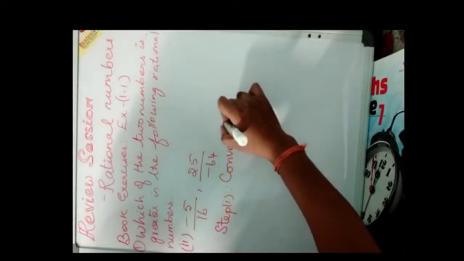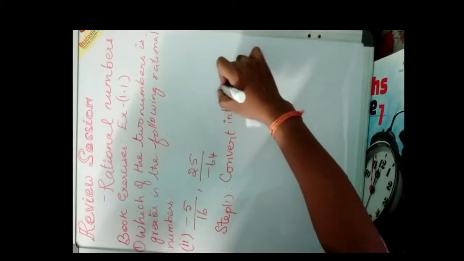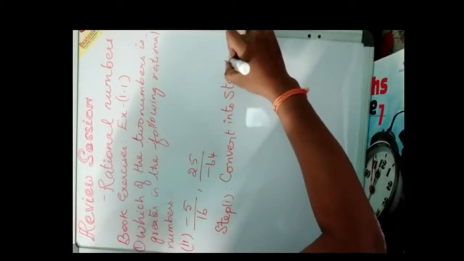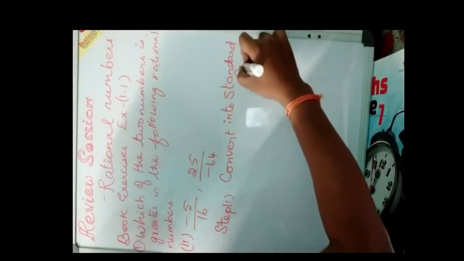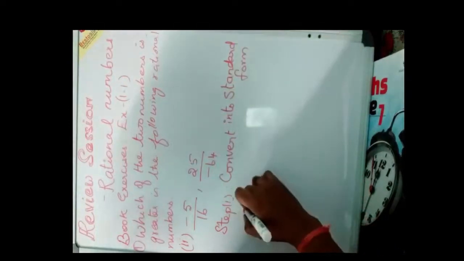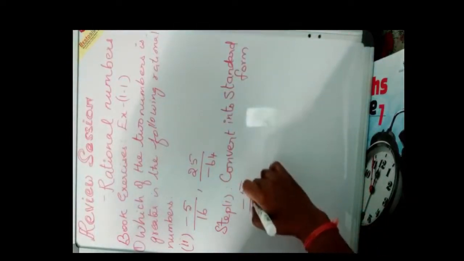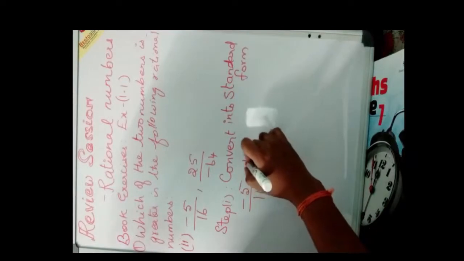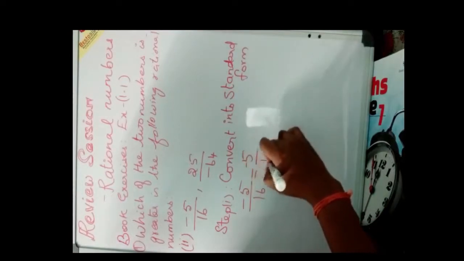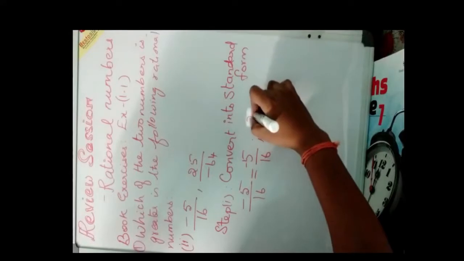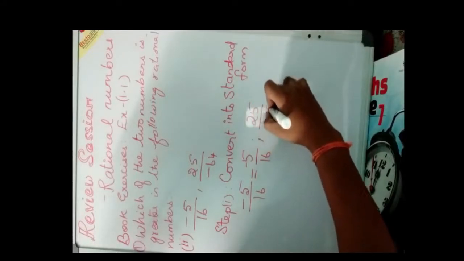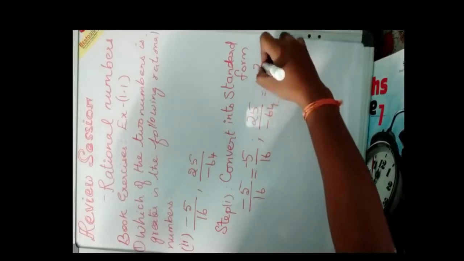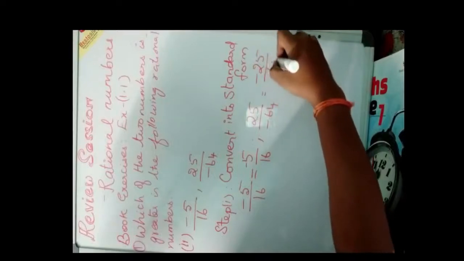These two numbers are already in standard form. Minus 5 by 16, the standard form is the same, minus 5 by 16. And for 25 by minus 64, the standard form is minus 25 by 64.